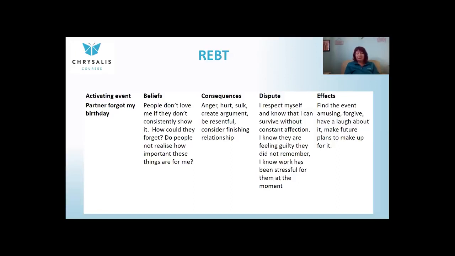And then number three is that things are horrible when they're not the way we like them to be. When really we need to think about how we might change or control something that we don't like. And if we can't do that, then we really need to accept it and put up with it. It doesn't necessarily make life awful.